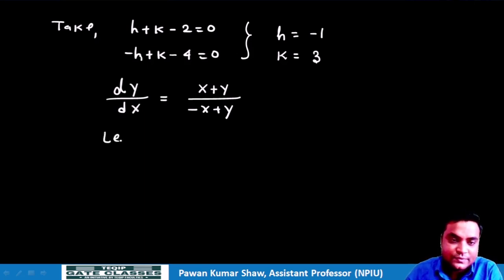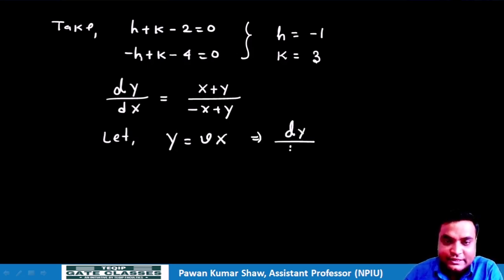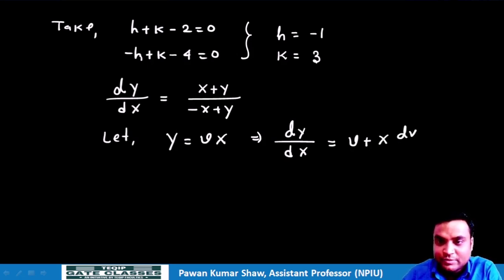So for this case we can let capital Y equal to V times X, and in that case dY by dX is equal to V plus X into dV by dX.